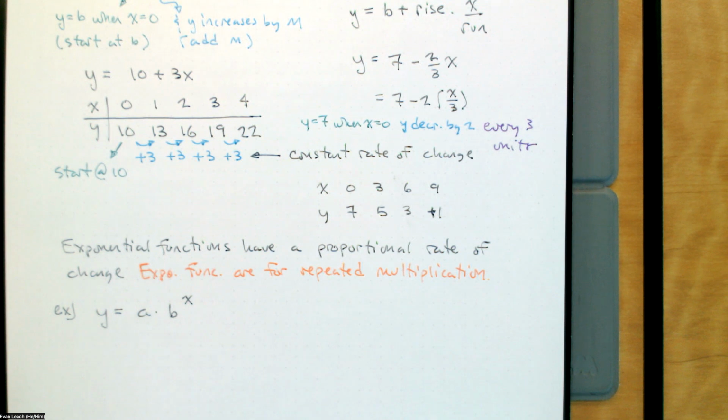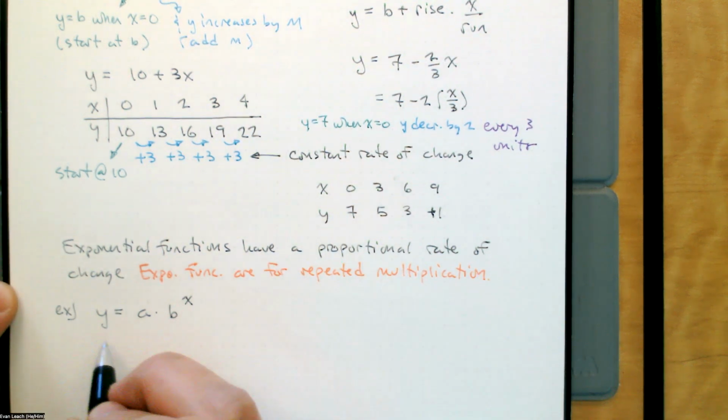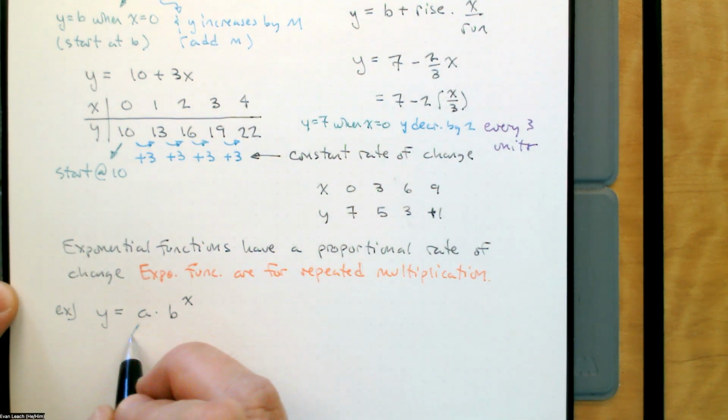And in that way, we can use the same kind of construction that we have for linear functions, just replace repeated addition with repeated multiplication. So when we write the generic exponential function a times b to the x, this is the b plus mx of exponential functions. We would say that y is a when x is 0.